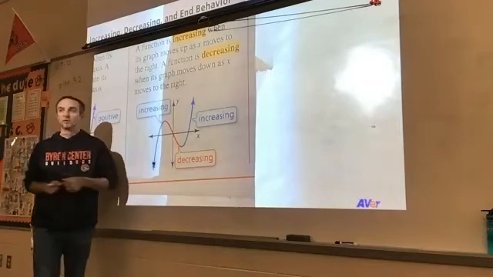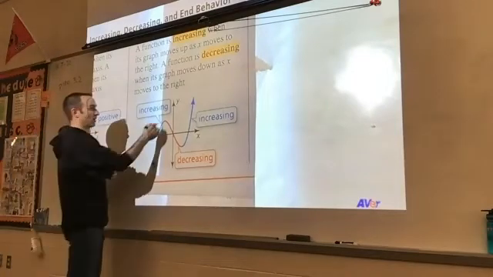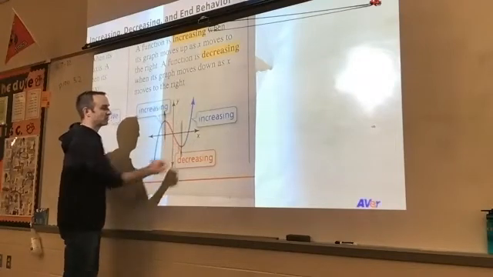So now, once we know where on the graph is increasing and where it is decreasing, they're going to ask you to do the same thing and say, all right, for what X values is it increasing and for what X values is it decreasing? So we're going to break up that graph to where it's increasing and decreasing, where those splits are.